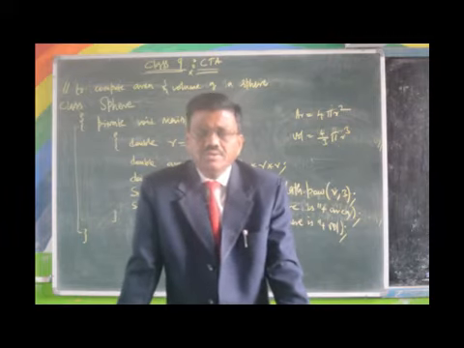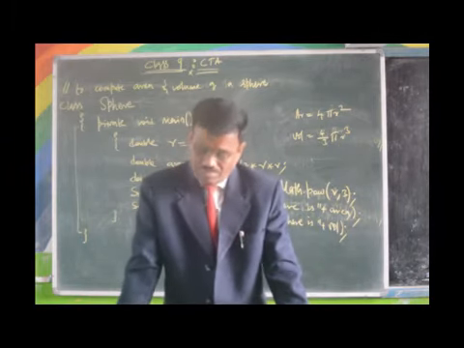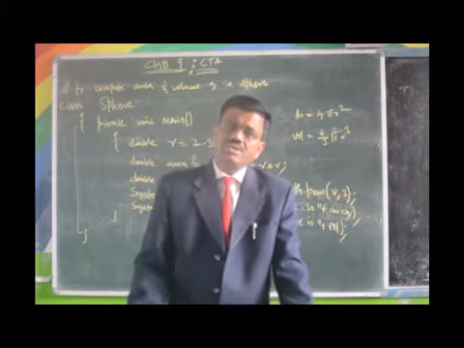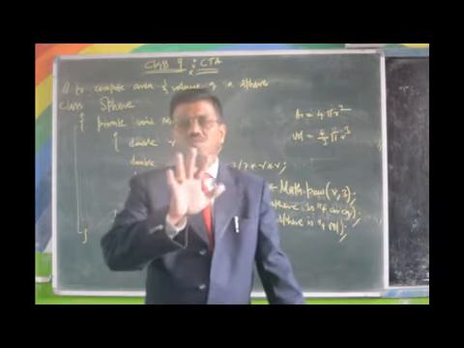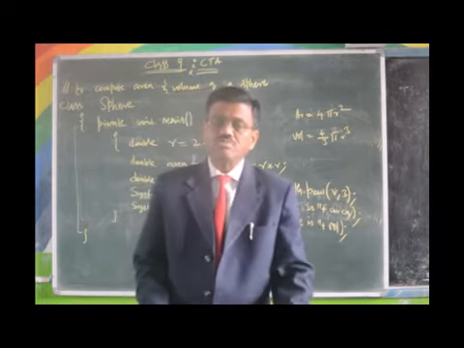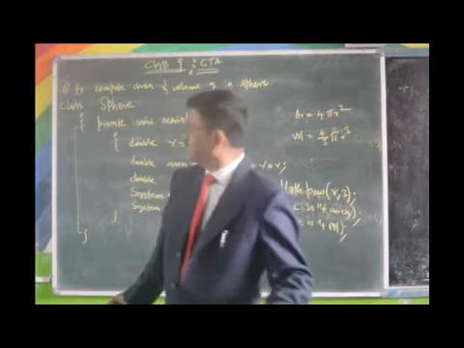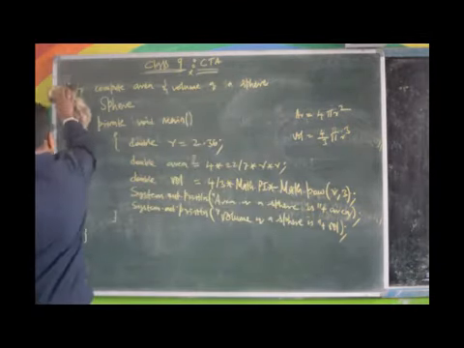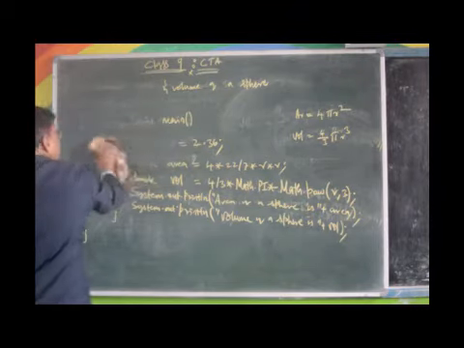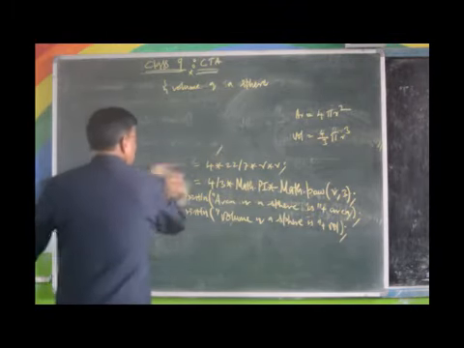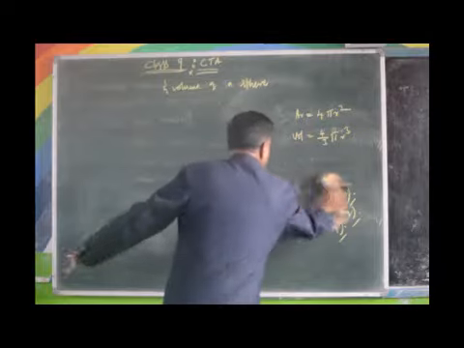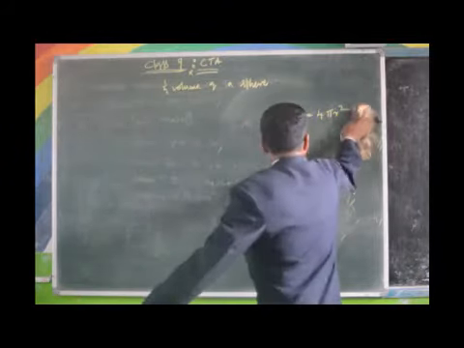Right, now let me do the third program. What is the third program? To compute the average of 5 subjects. Should I do it, boys and girls? This is the last program of the day. Here I go. Kindly take down.